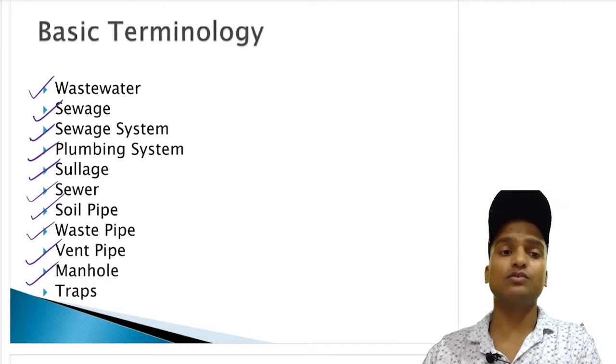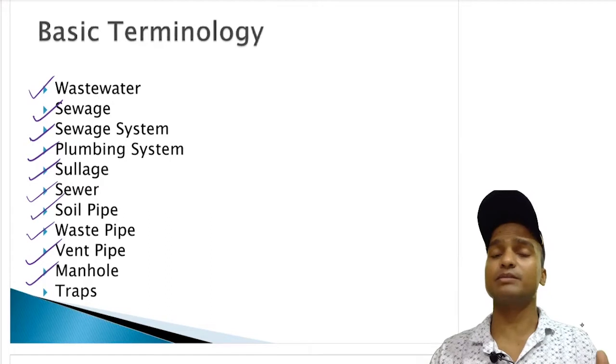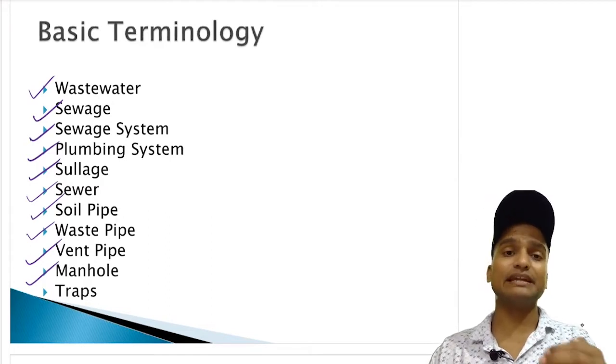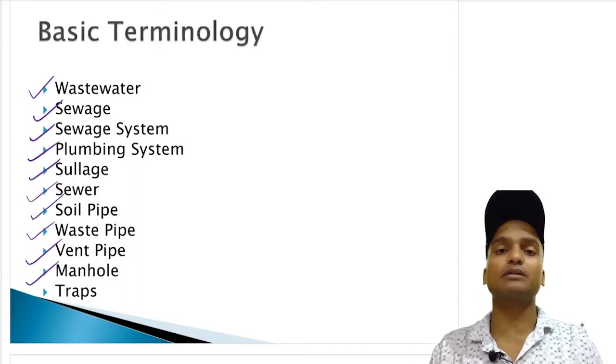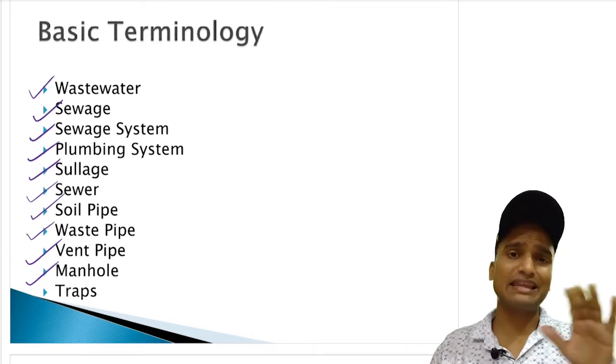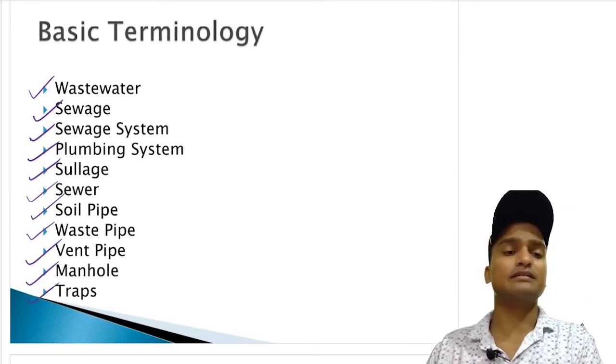And then is the manhole. Manholes are the holes provided in the drainage system or sewage system so that we can intercept those regions where it can get blocked. And as the name suggests, this hole is of a size such that a man can enter into it and can clean that and then can come out. And the last is the traps.